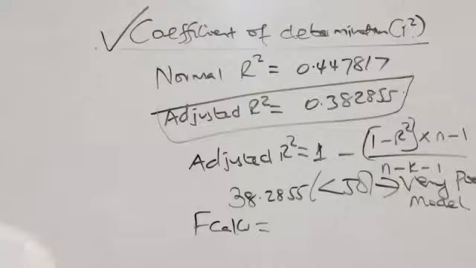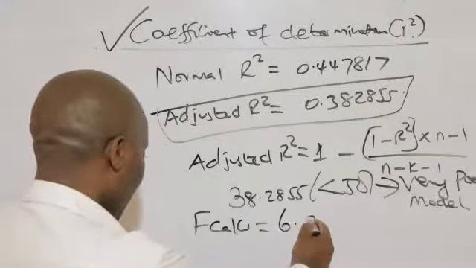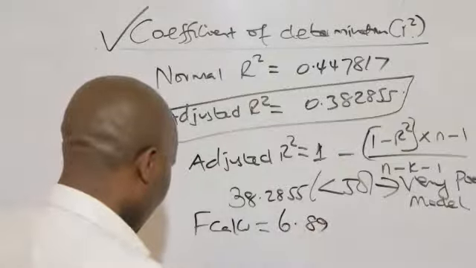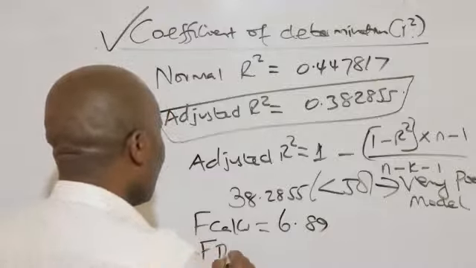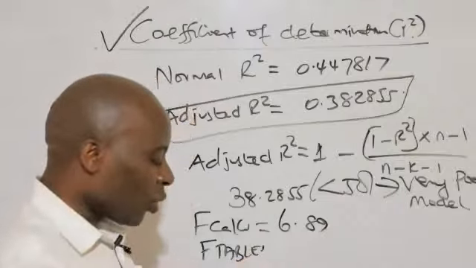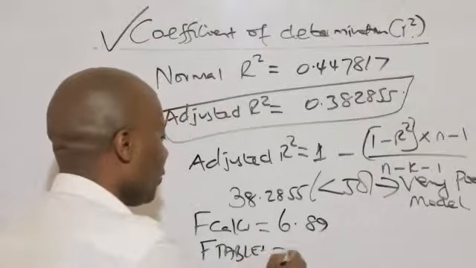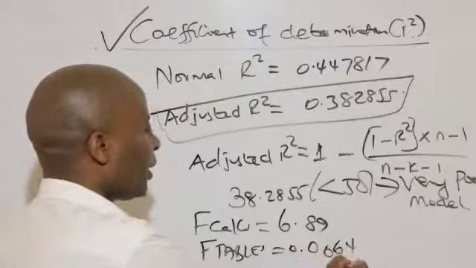here from the question is 6.89. And then of course we have the F table's value as given in the column of significance F, which is very small, 0.0064.